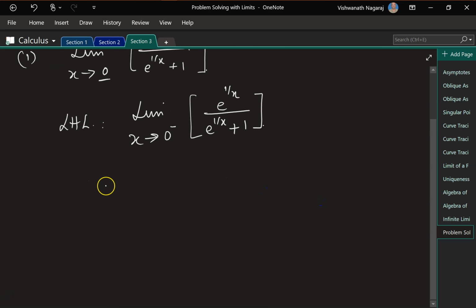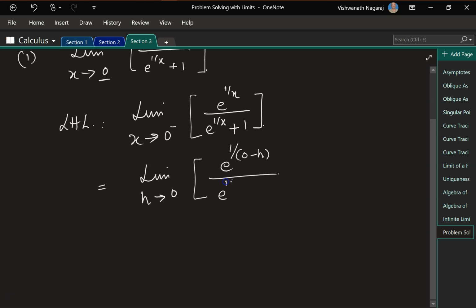Now this can be written as limit as h approaches 0 of e to the power of 1 by 0 minus h, that is the value of x that we are interested in. See, remember, we can't really write 0 itself. Okay.